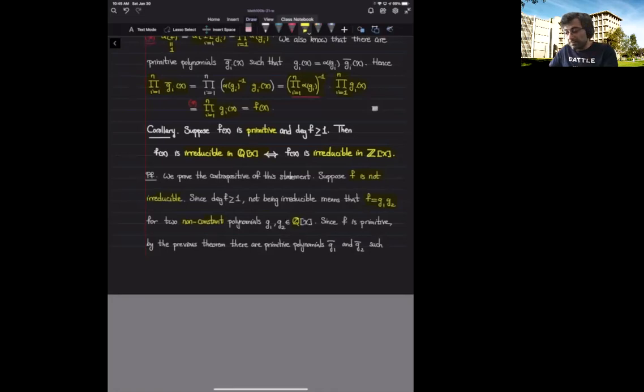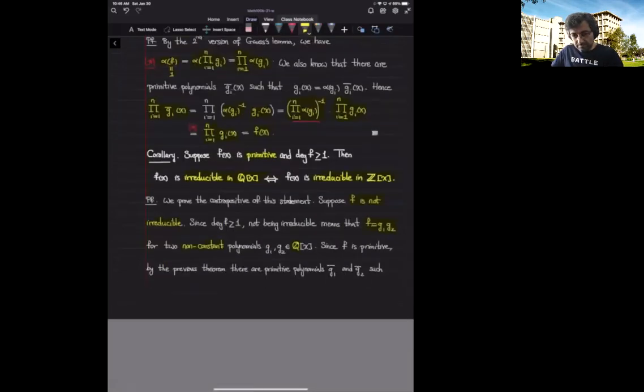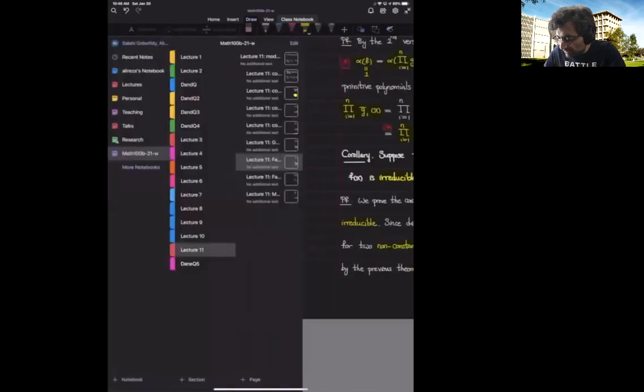Now I'm going to use my theorem here. It says that when I look at the primitive form of g sub i's, I still get the same decomposition because f is primitive. Because f is primitive, knowing that f can be written as g1 times g2, when I look at the primitive forms of g sub i's, denoted by g sub 1 bar and g sub 2 bar, then I get the same decomposition.